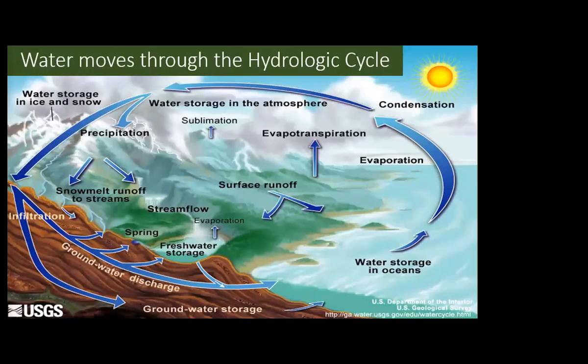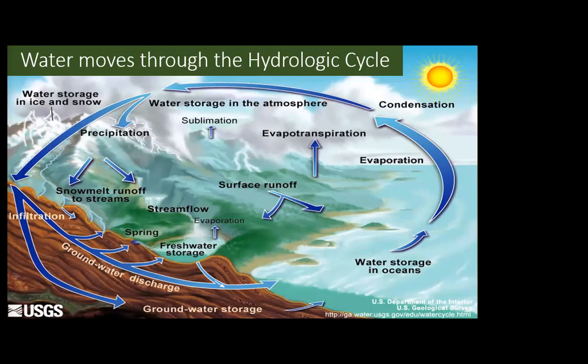Okay, so we all know the hydrologic cycle: evaporation, condensation, precipitation. But there's a couple more components that go into this. So let's say we start with a drop of water on the land. It can evaporate into the air. It can be soaked into the soil through infiltration.